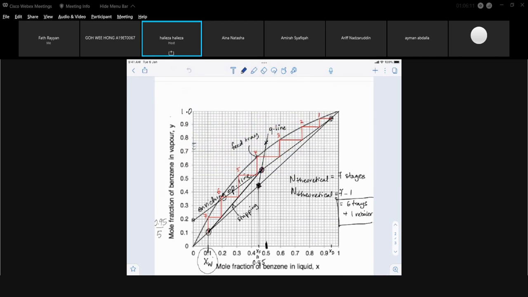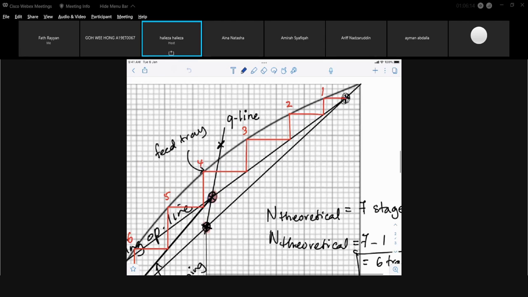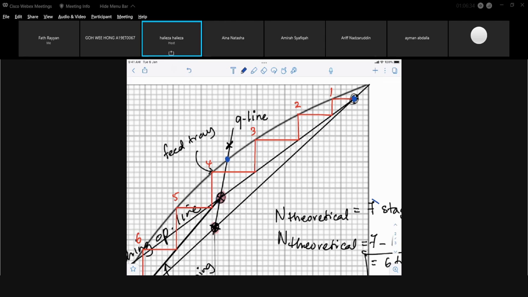My starting point is on the 45-degree line. My intersection of my Q line with my equilibrium curve is that point there. Since the curve is a perfect curve, that means your system is an ideal mixture. So I will start from my 45-degree line, get to my point of intersection, and proceed until I intersect the y-axis.